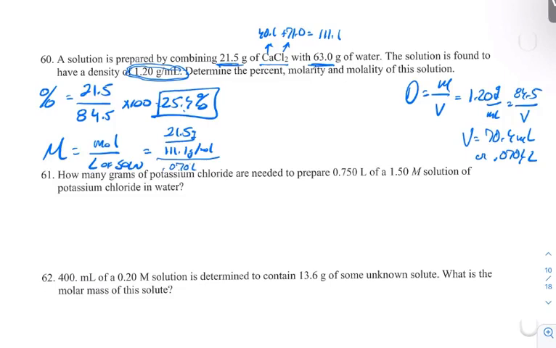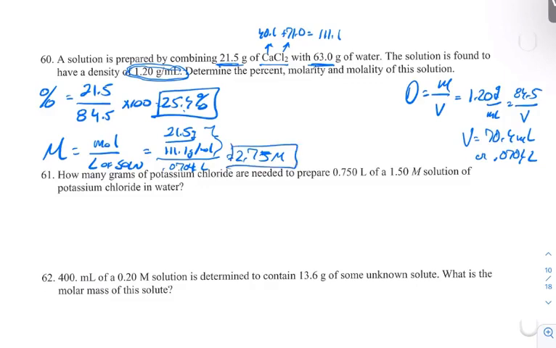The numerator represents the moles, and the denominator represents my liters of solution, and again, molarity is moles per liters of solution. Now I can do my math, and in this case I'm going to get 2.75 molar solution.